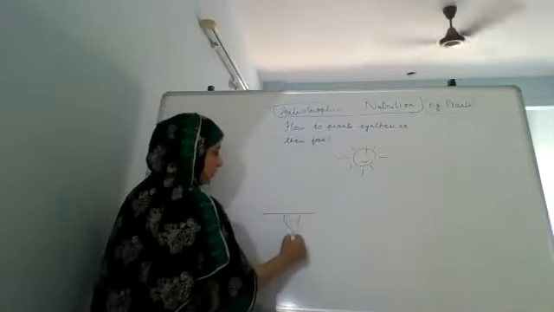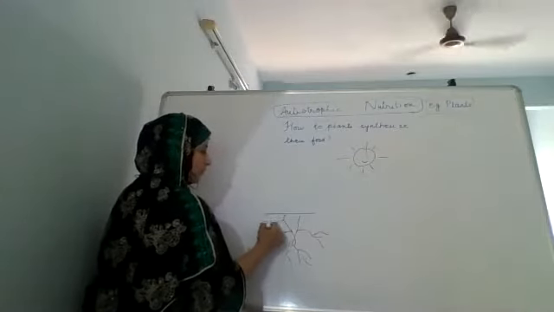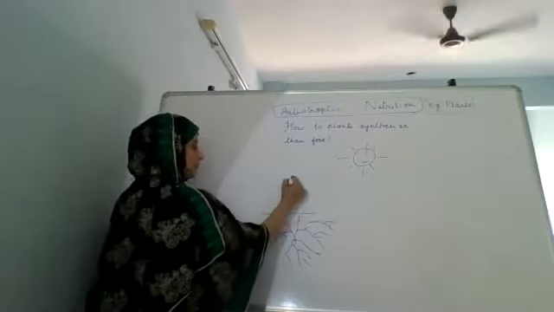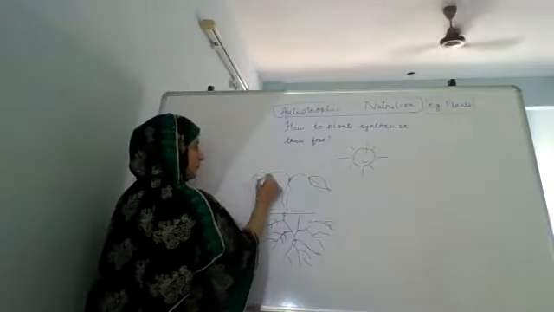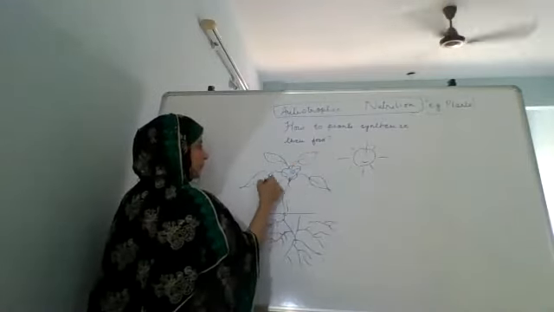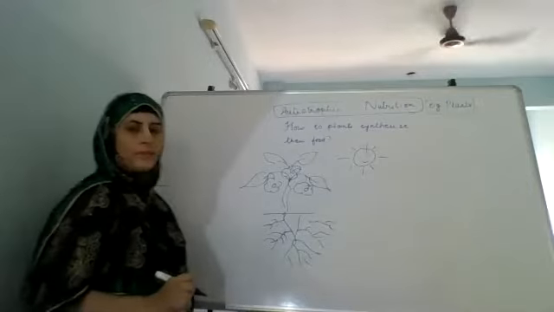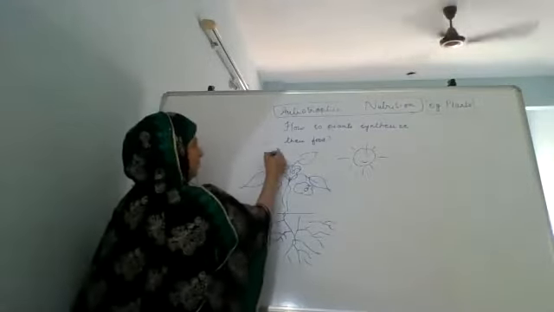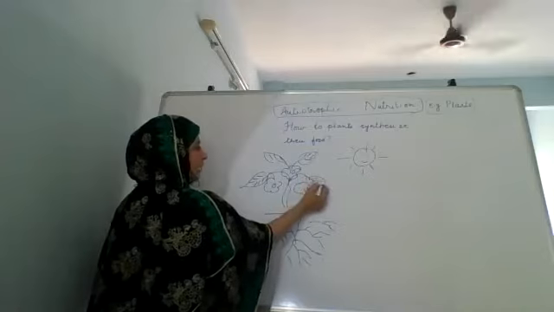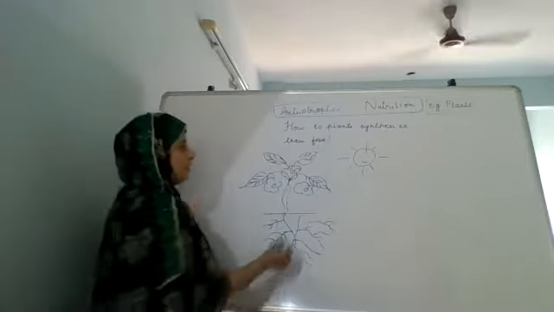so this is your plant. Okay, so the plant is growing over here, and it will have to prepare its own food with the help of the sources present in the environment.